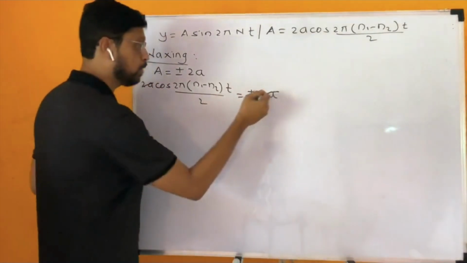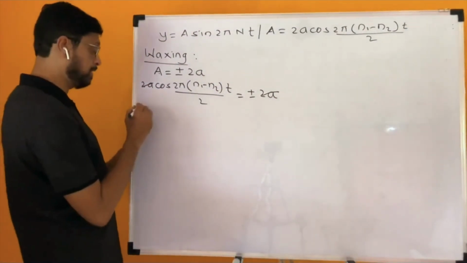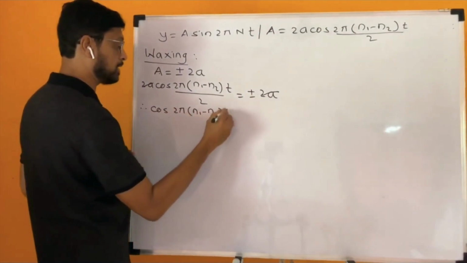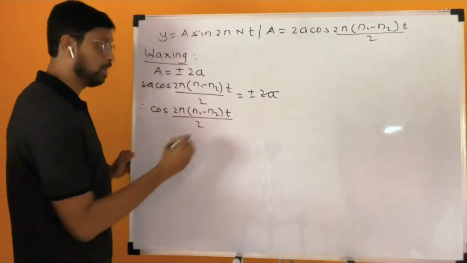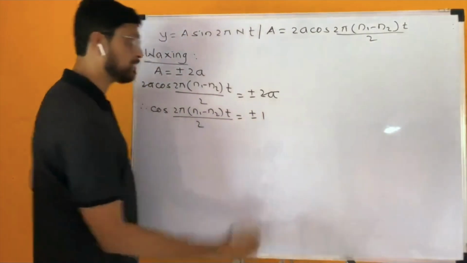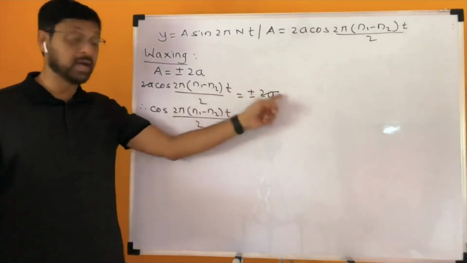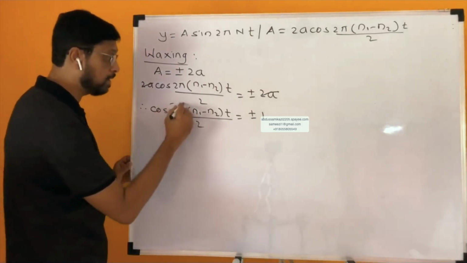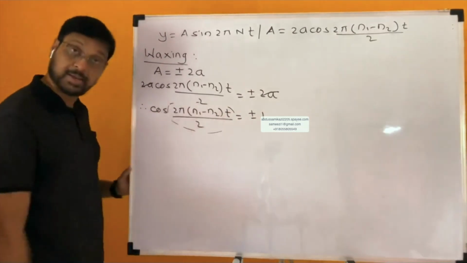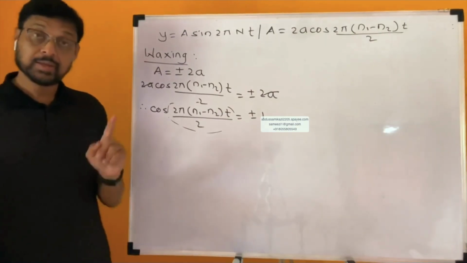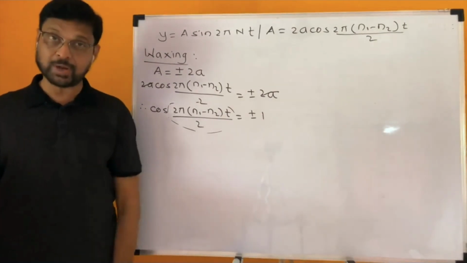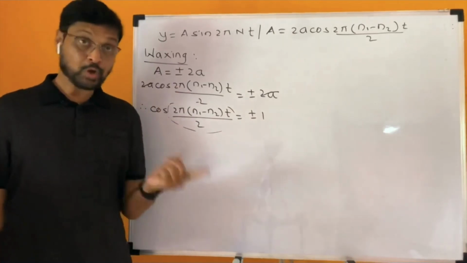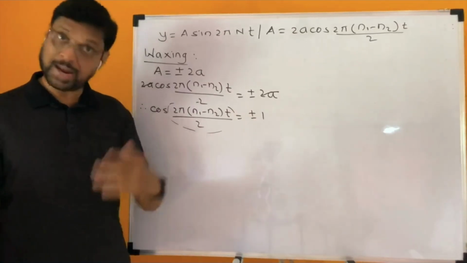This 2a gets cancelled, means cos 2 pi (n1 minus n2) t by 2 is equal to plus or minus 1. ये cancel हुआ तो यहाँ पे क्या बचा 1. Means cos of this angle, इस एंगल का कॉस कितना है प्लस और माइनस 1. किस एंगल का कॉस प्लस और माइनस 1 होता है? Cos of 0 is 1, cos of pi is minus 1, and so on.